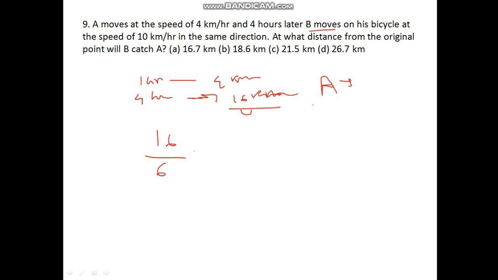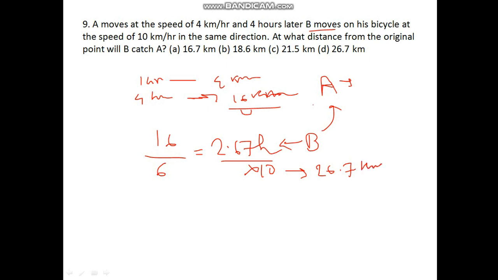So that would be 2.67 hours B is taking to catch A. So B is taking 2.67 hours and his speed is 10, so he will cover 26.7 kilometers to catch A, right? So the answer will be D.